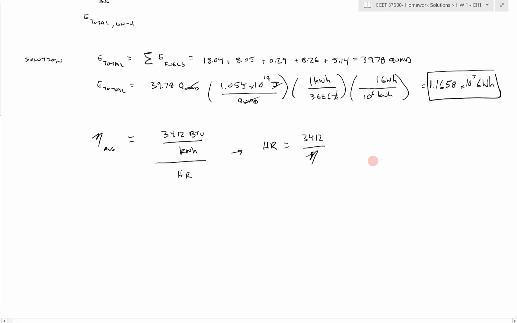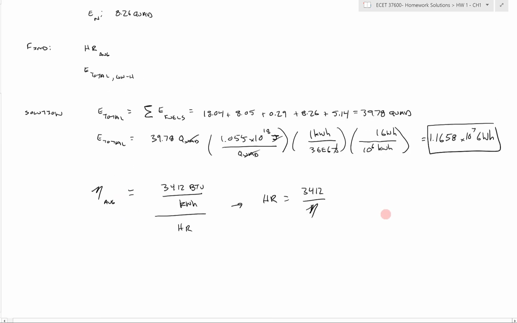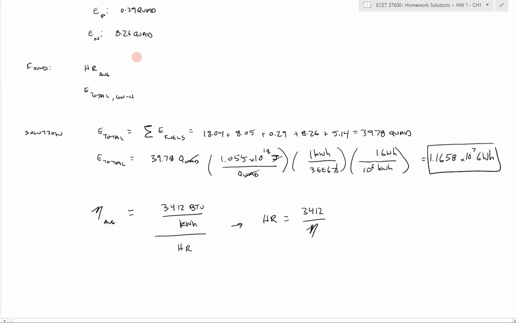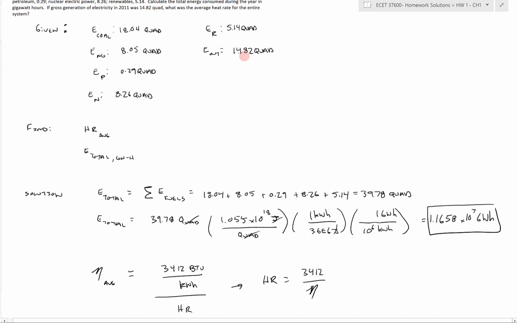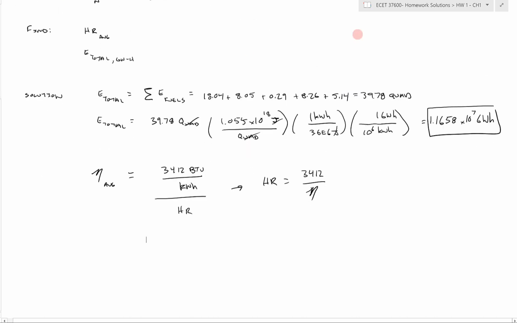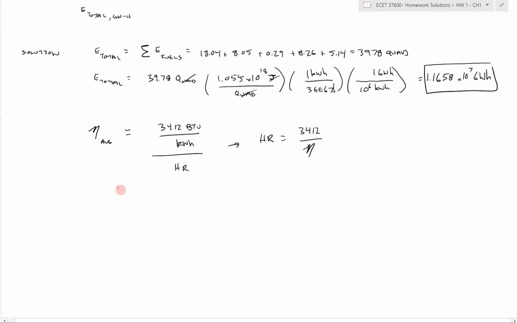So we know up here that the output energy was, what? It's given to us someplace. I wrote it over here. 14.82 quad. So we've got 14.82 quadrillion BTU. And we know the input energy, we summed it here, that's 39.78 quad.